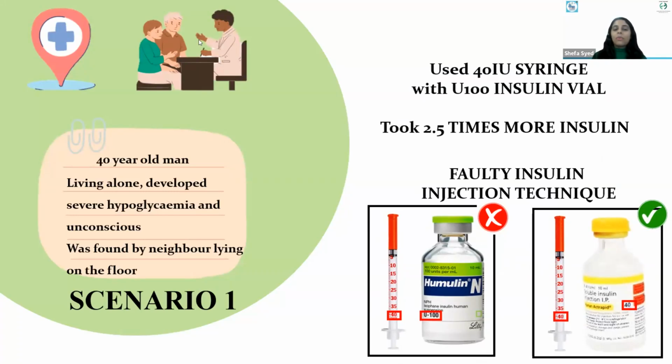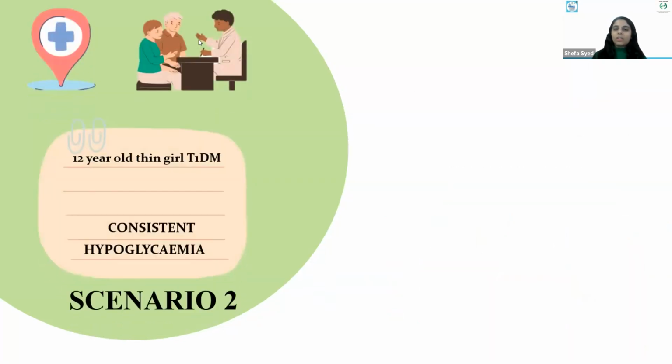So it is very important to educate the patient on the correct insulin strength, needle, as well as the insulin vial to be used. The next scenario is a 12-year-old thin girl who was diagnosed with type 1 diabetes and was consistently having hypoglycemia. Initially we tried to titrate her insulin dosage. Even for a period of 2-3 days, we thought of stopping the insulin, thinking it could be the honeymoon phase.